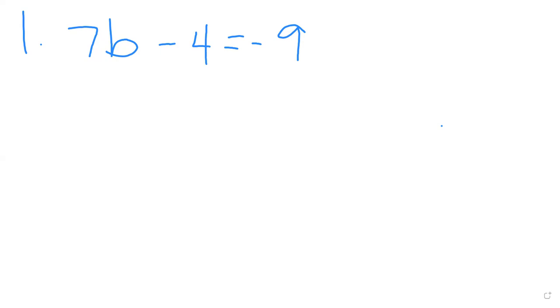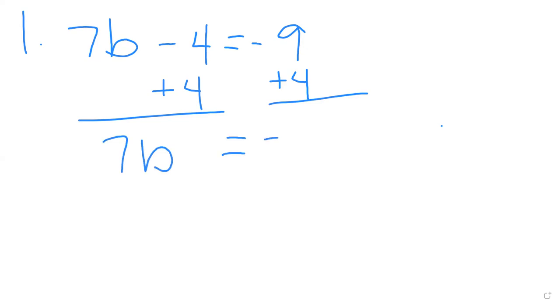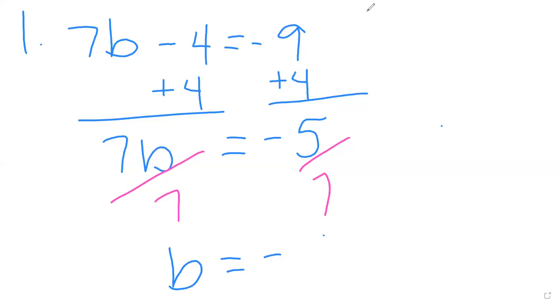We're going to solve it by balancing our operations on both sides, adding 4 to each side here. The 7b equals -5. Then we divide 7 on both sides, leaving us with b equals -5/7.